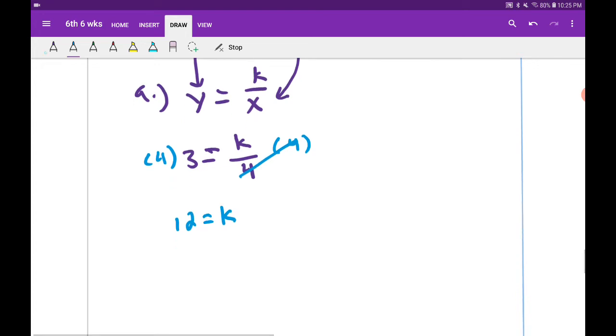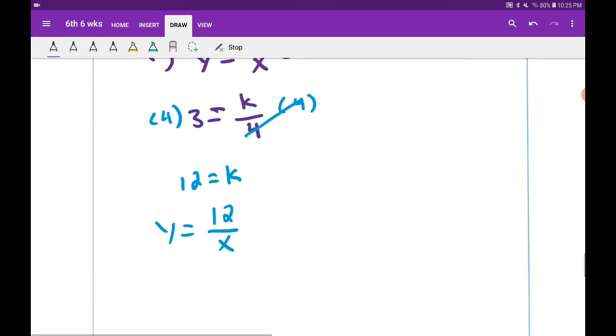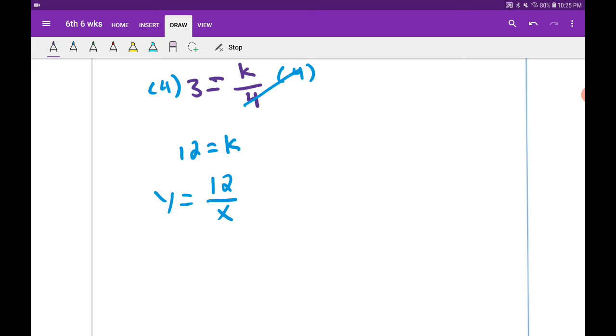All right, now we'll do part B. Well, we have to write it in general form, which is y equals, now that we know k, 12 over x. So we'll write it again with the k value inserted, and we have y and x there. So now we can solve part B, where they give us an x value, and we can figure out what y is.